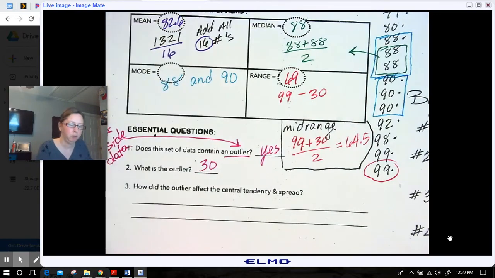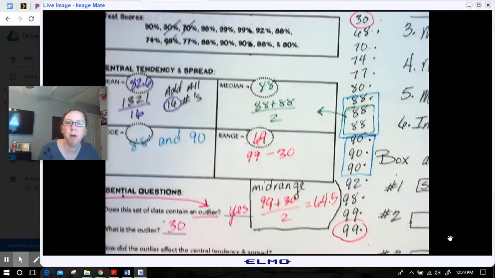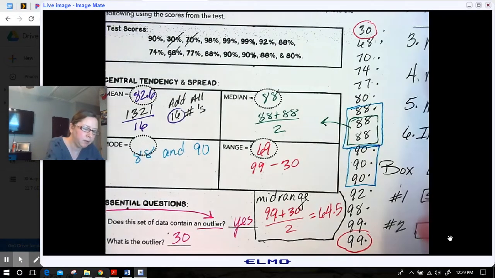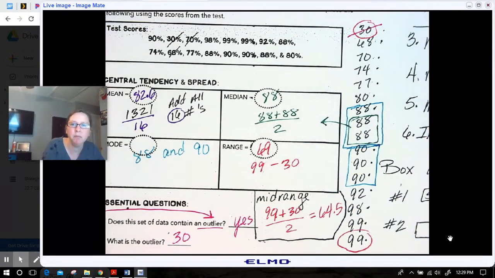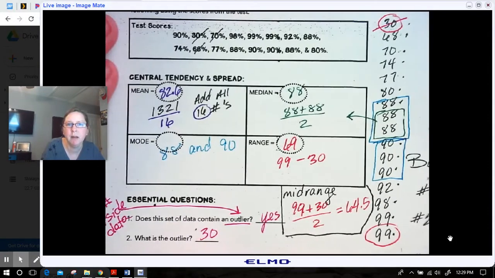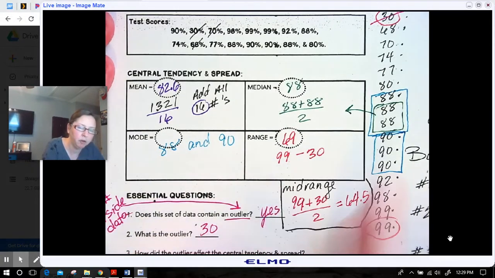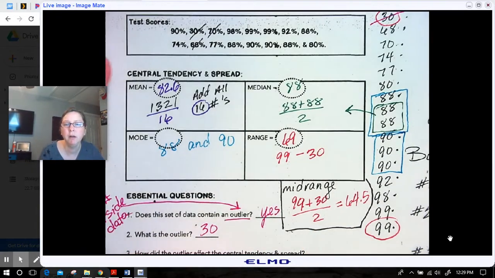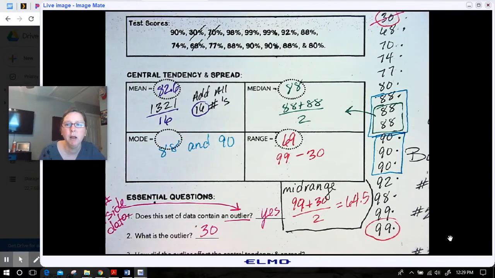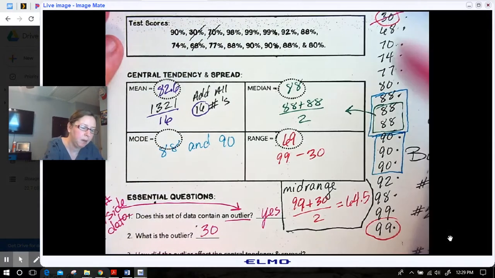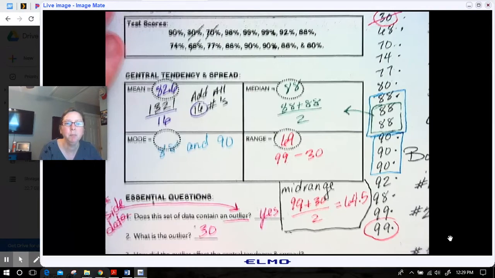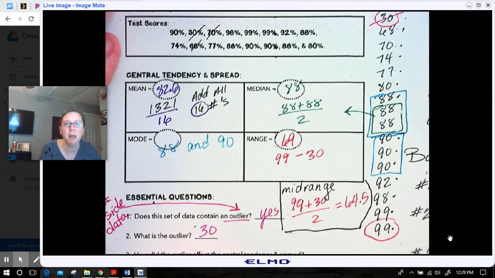Okay, so here's what I want you to do. I'm going to have you pause the video. I want you to take the number 30 out of this list. And now that we have found mean, median, mode, range, and mid-range as a group together, I want you to do it again minus the number 30. Just use these numbers that are not marked out.